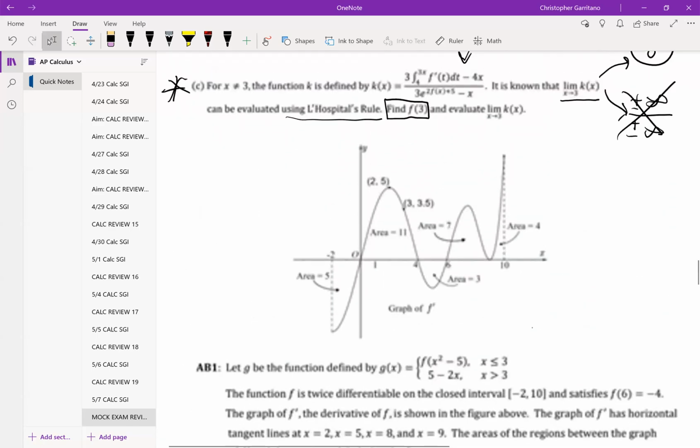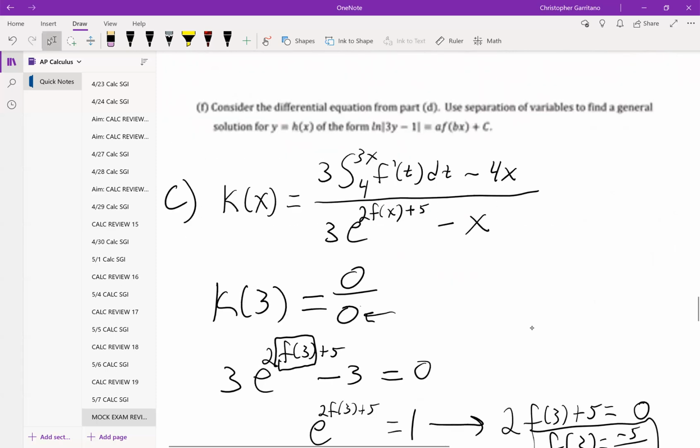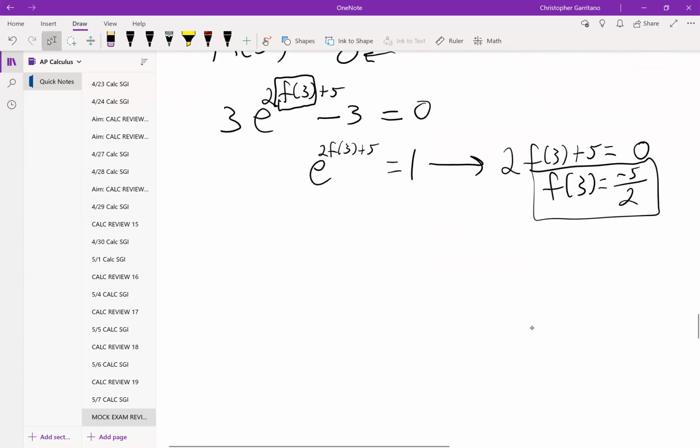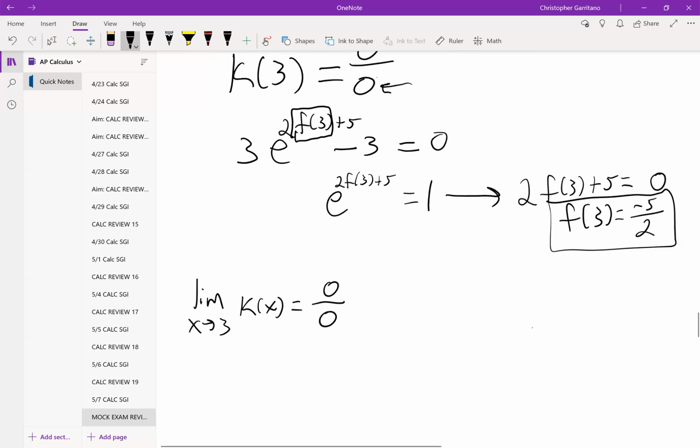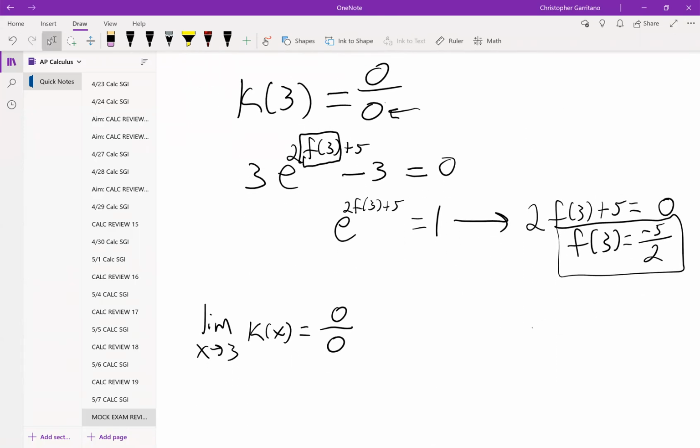The second part of part C says to evaluate this limit. Well, the limit as x approaches 3 of k of x, we have already determined is 0 over 0. So what I must do is apply L'Hopital's rule to evaluate this limit.